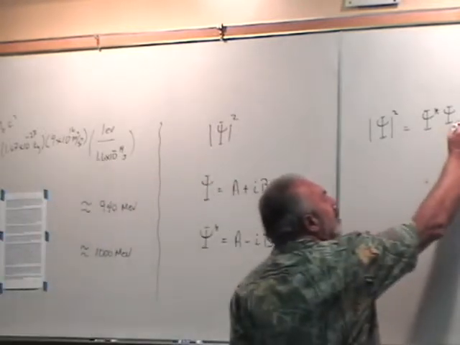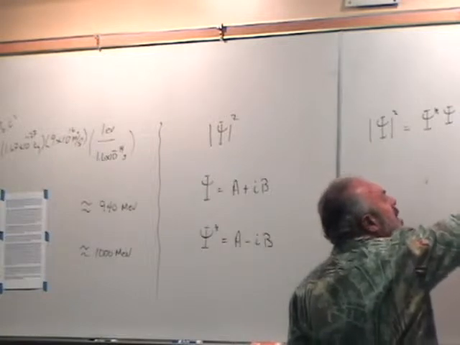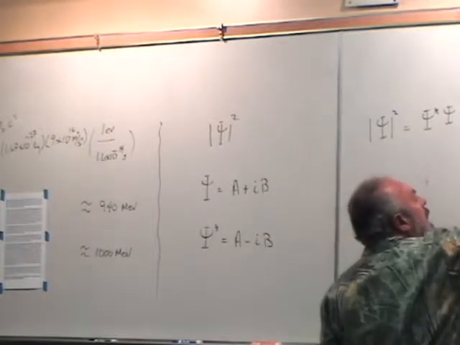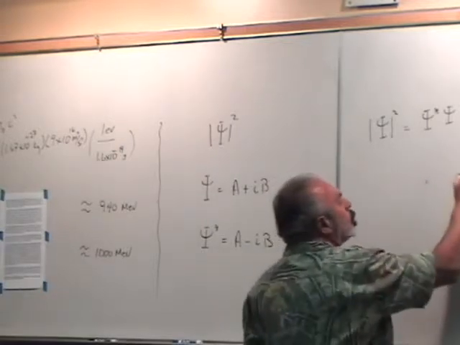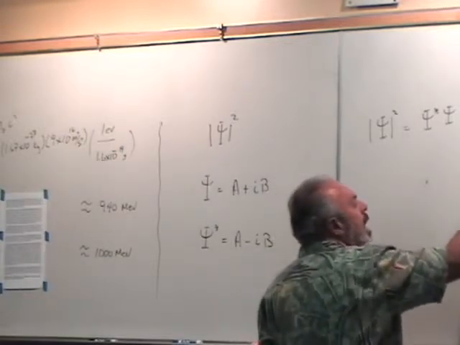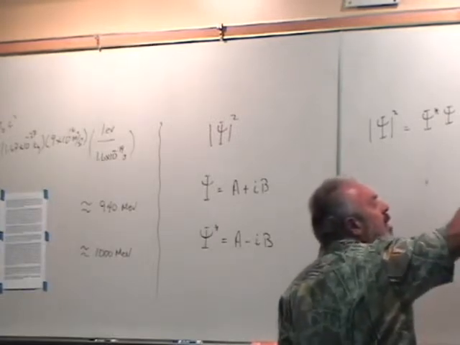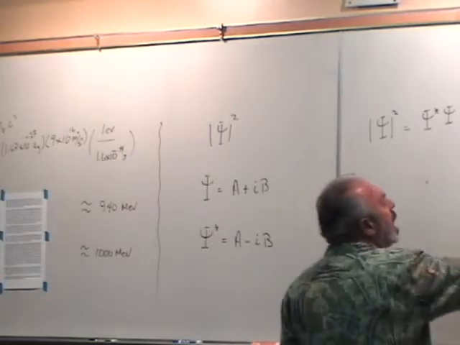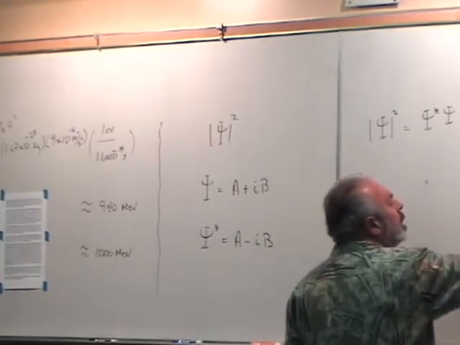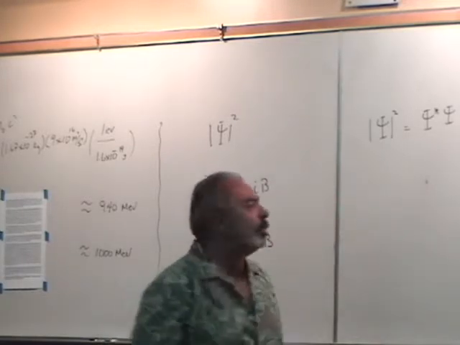And what happens is A minus iB times A plus iB, and of course we get A squared, and then you get a plus iAB and a negative iAB, so the cross term is gone, and you get a minus i squared B squared, but i squared is negative 1, isn't it?